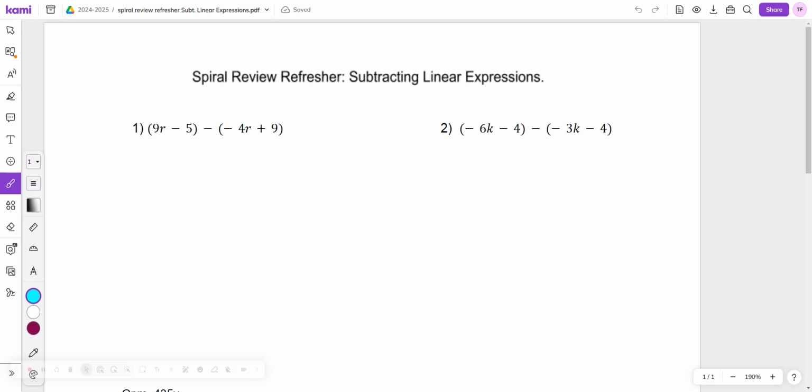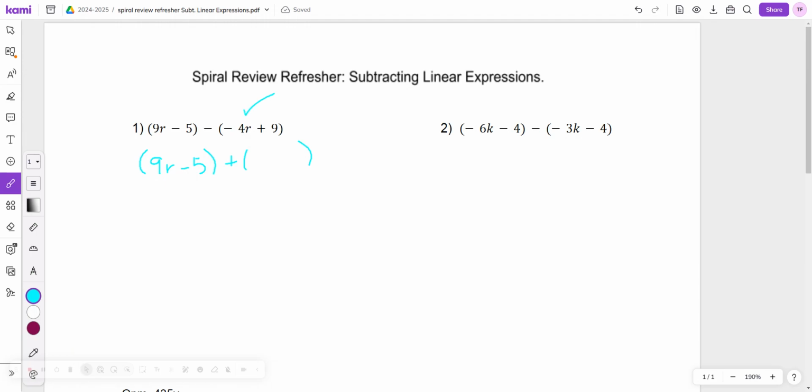That means we're going to rewrite the first expression exactly as it is. So 9r minus 5. Then I'm going to change my subtraction sign that's in between the two algebraic expressions into addition. And then I'm going to write the opposite of each term inside of the second parentheses.